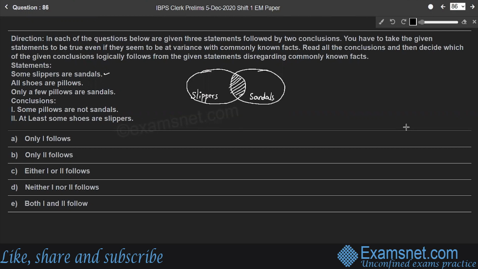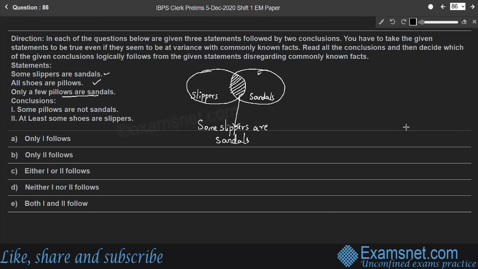This portion represents some slippers are sandals. Right? So the portion which is common to both slippers and sandals. And next statement, all shoes are pillows and only a few pillows are sandals.